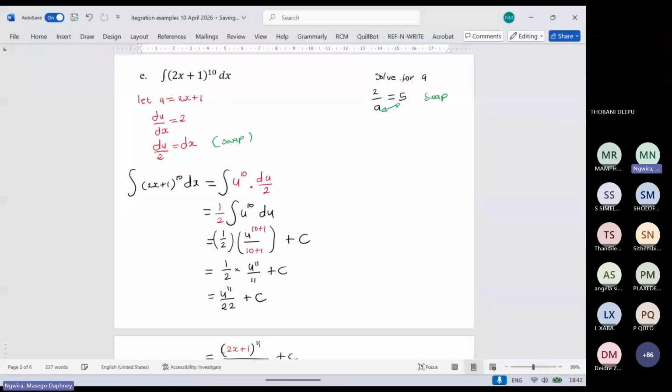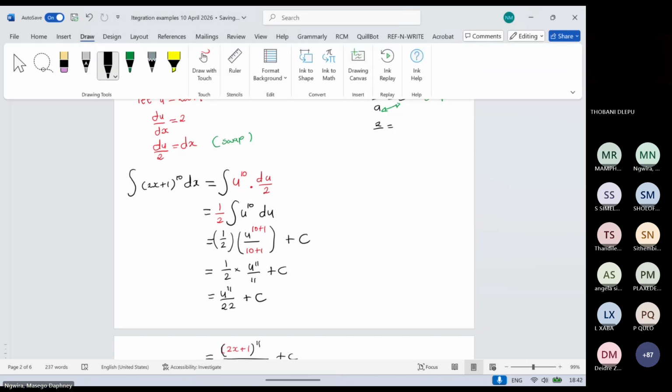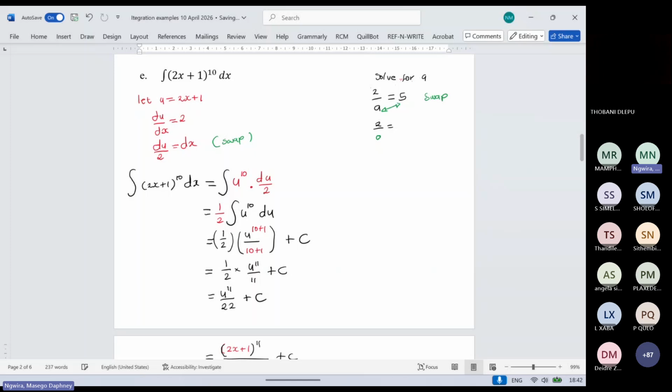So I am going to have 2 over 5 equals a, because I want to solve for a. This is 5, this is a. So here I'm solving for a.